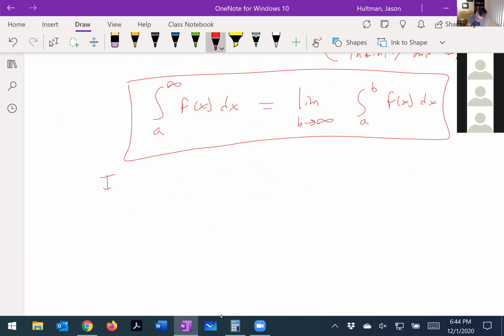Okay, if the limit exists, then we say the integral converges.